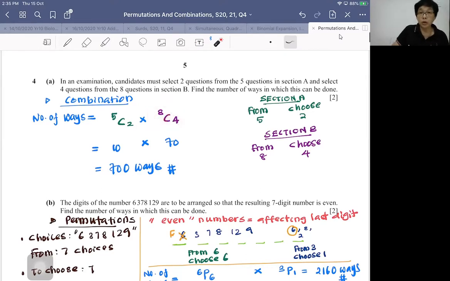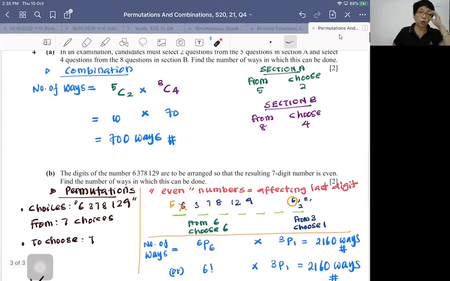From here onward, you can take the convenience of a calculator. This part is optional. You can just press your calculator from this part to this part, and 700 will appear in your calculator, and that's where you score your full mark for this question.